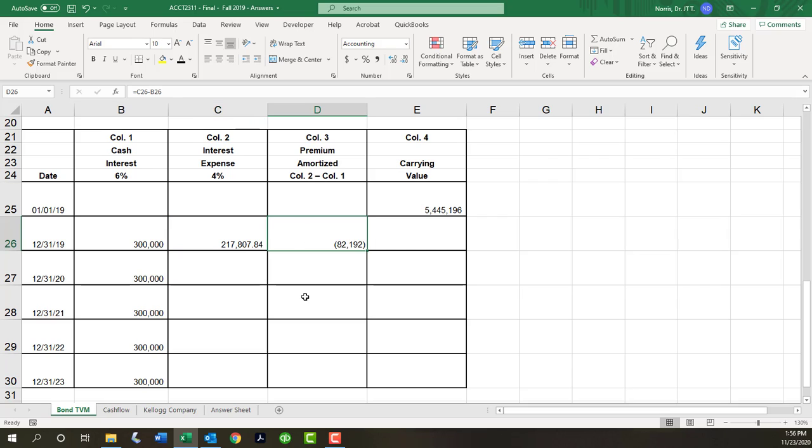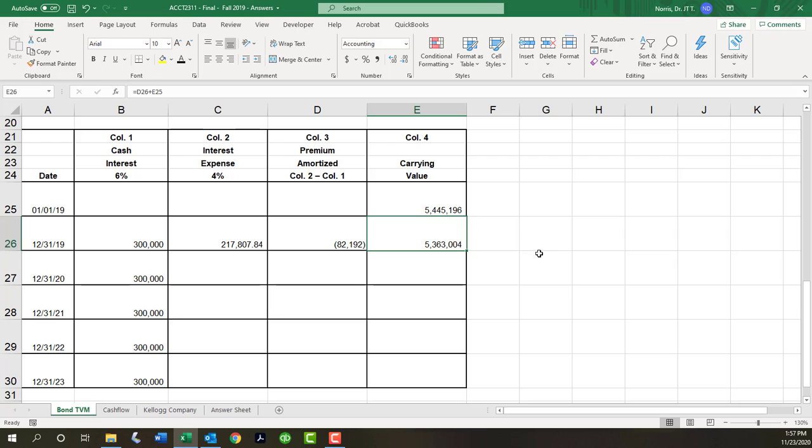That's an overpayment of $82,192. So the market only wanted 4% for an investment of similar risk. You paid them 6%. So now you don't owe them as much.